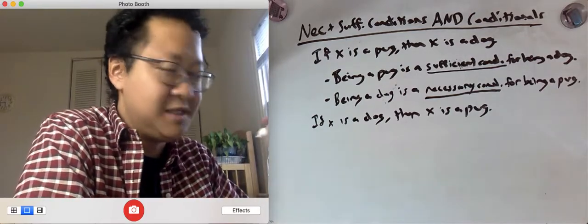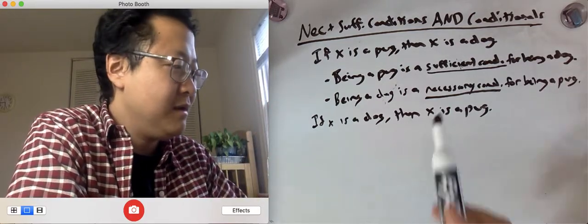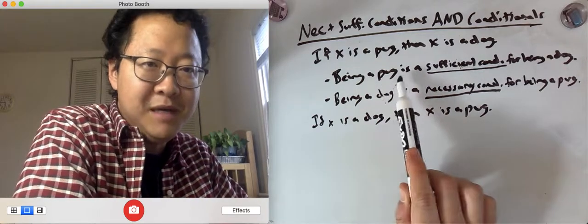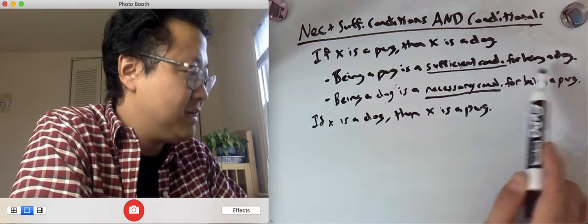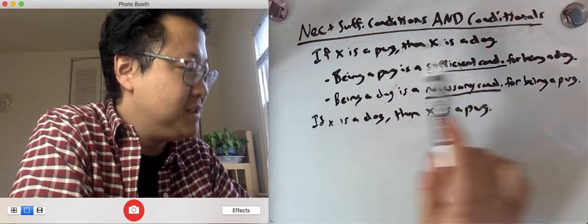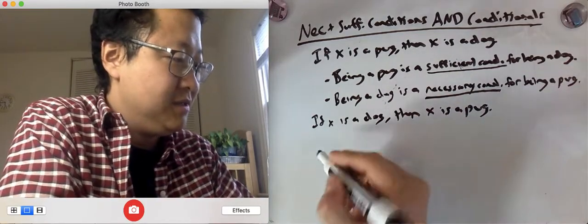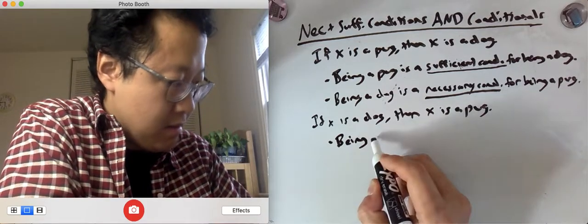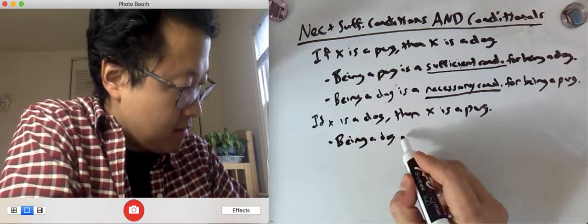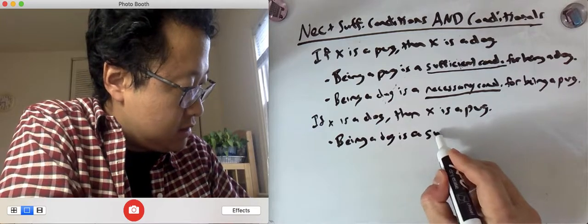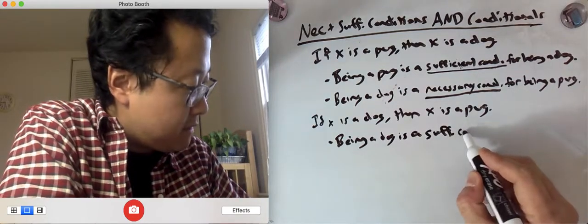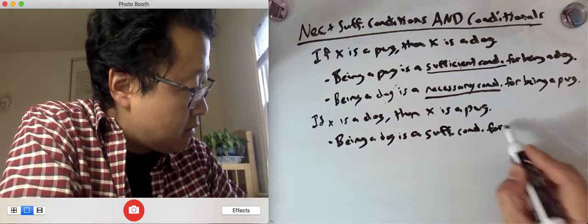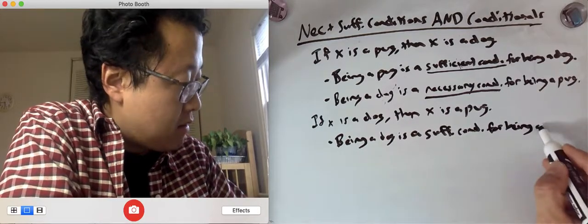Now how do we say this as a sufficient condition? Well, when we said being a pug is a sufficient condition for being a dog, we're just saying the left side is a sufficient condition for the right side. So this is just saying being a dog is a sufficient condition for being a pug.